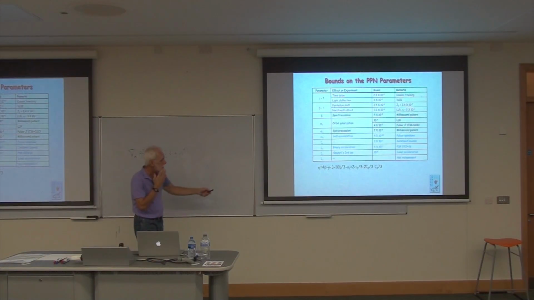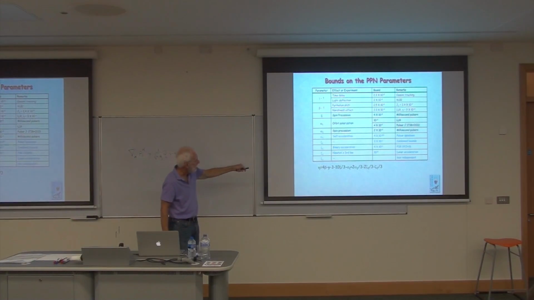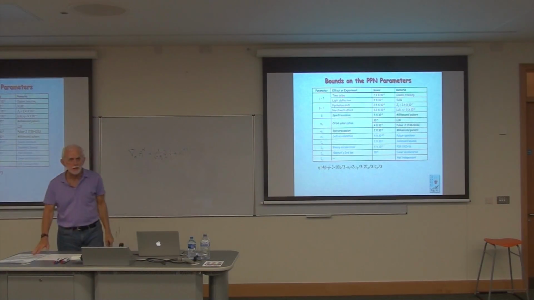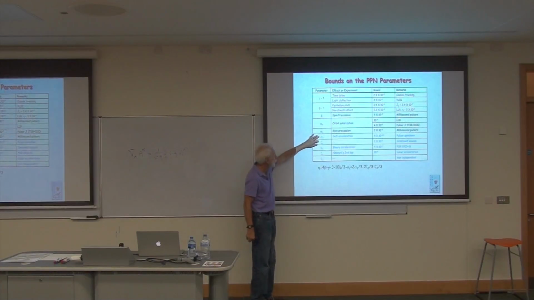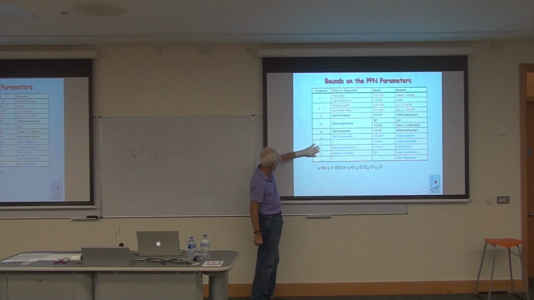And a final set of these parameters could be non-zero in any theory of gravity that's not based on an invariant action. The thing is, virtually every theory that's invented these days uses an action as a starting point, like general relativity. You build the theory by defining the action of the theory and go to town. And in such cases, these parameters are automatically zero in any such theory.